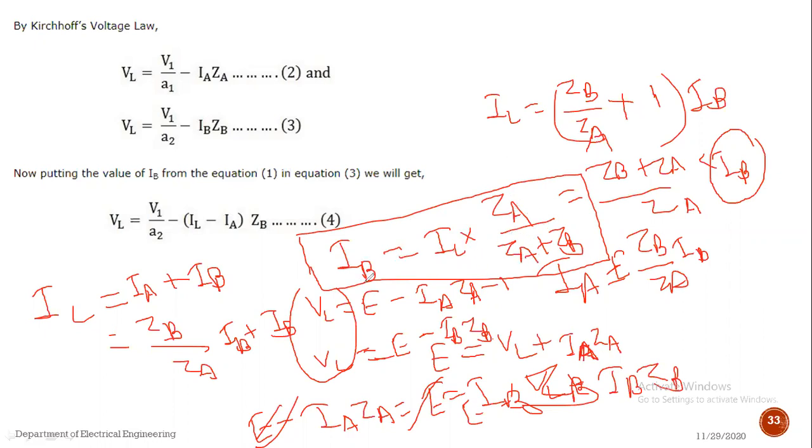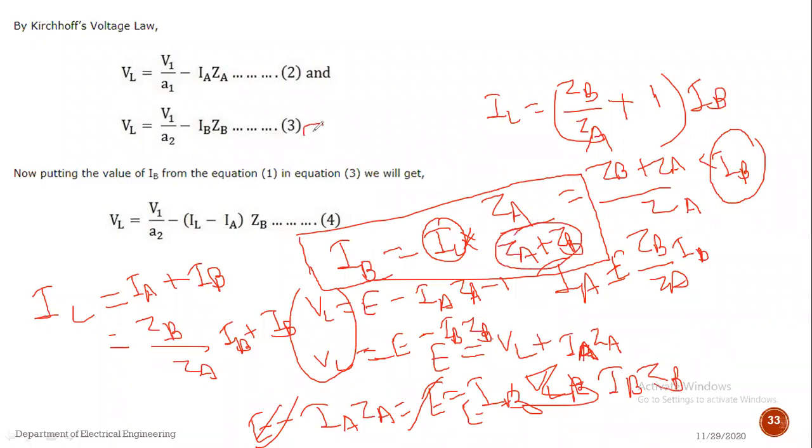See, what does this read as? IB is nothing but the load shared by transformer B. It equals the total load current into the impedance of the other transformer, that is A, when we find the current of B, divided by the sum of the impedances of both transformers.